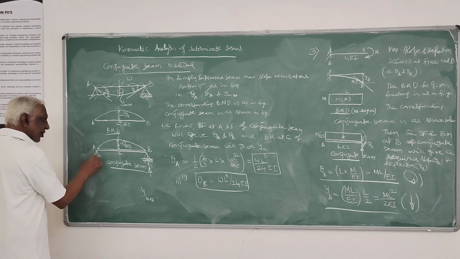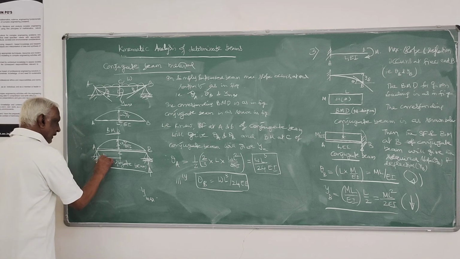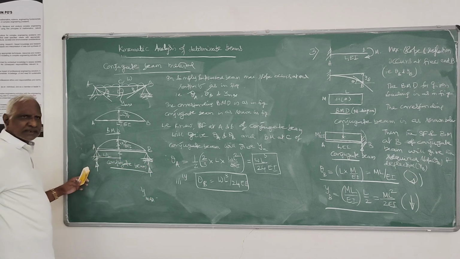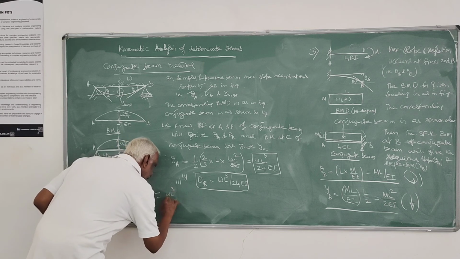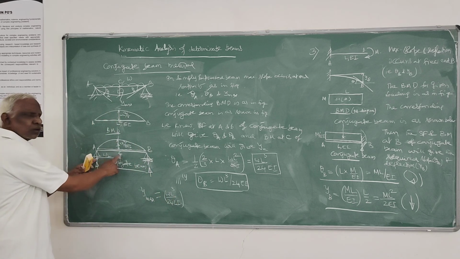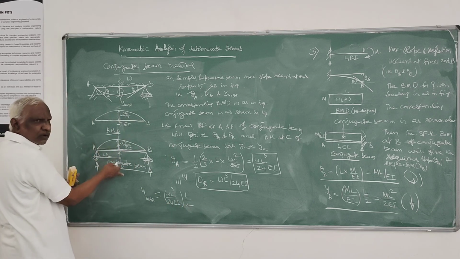So this is R A into this distance, which is L by 2. R A is nothing but your theta A, that is W L cubed by 24 EI. That is this reaction into L by 2, and that is clockwise.